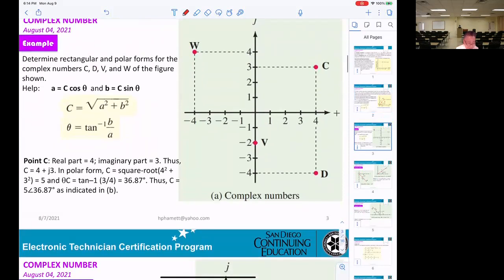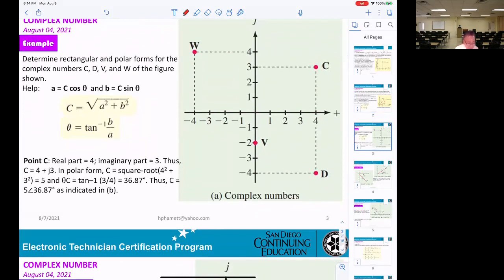Okay, now, example. They want us to determine the rectangular and the polar form for complex numbers C, D, V, and W of the figure shown.